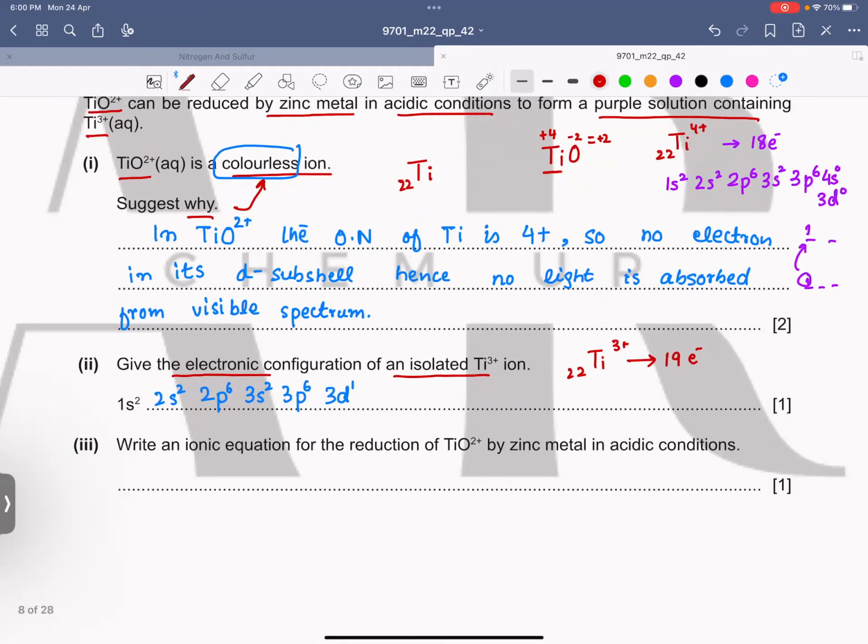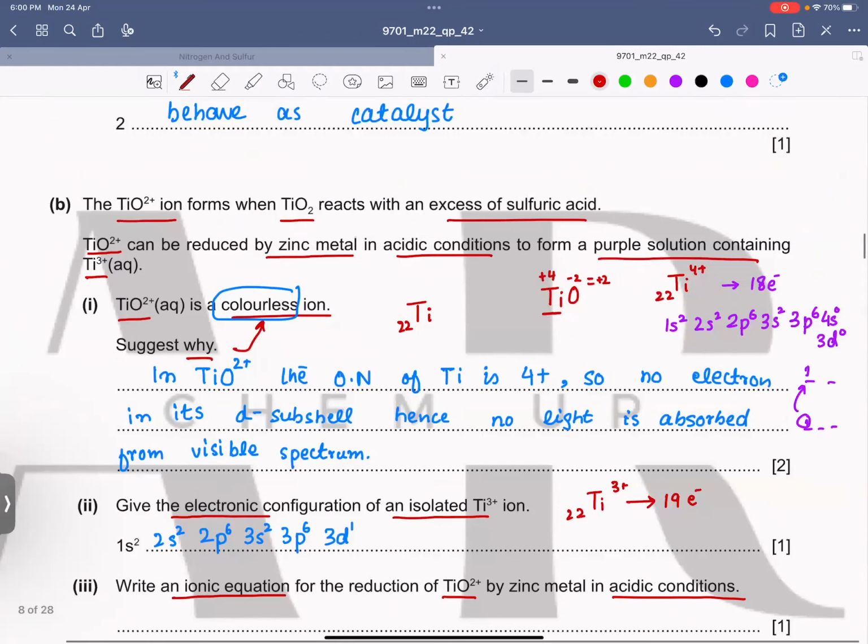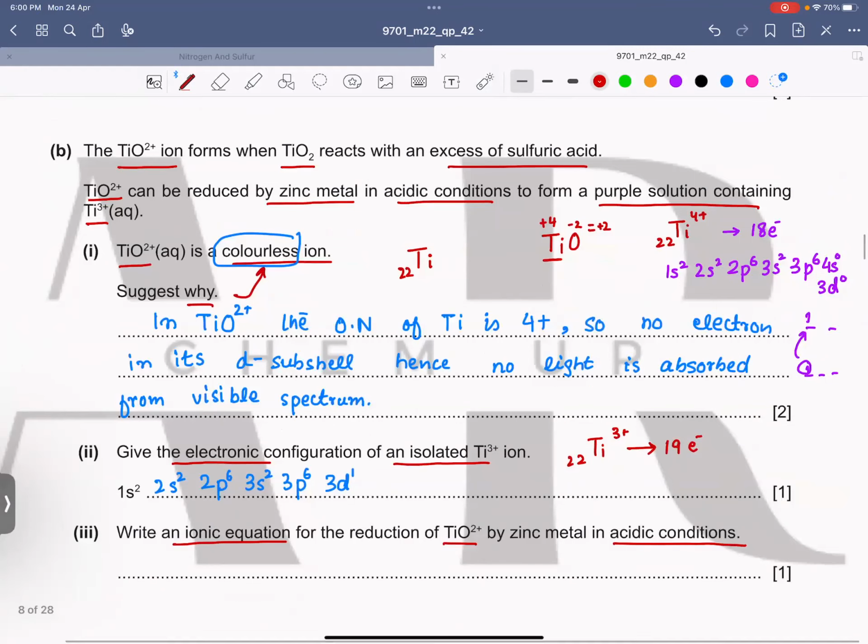Okay, now next part, write an ionic equation for the reduction of TiO2 positive by zinc metal in acidic condition. So they have given me the reactant, TiO2 positive, the other reactant is zinc metal, the acidic conditions are also in the reactants, and this one is the product.